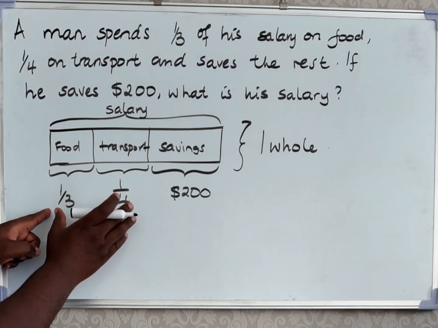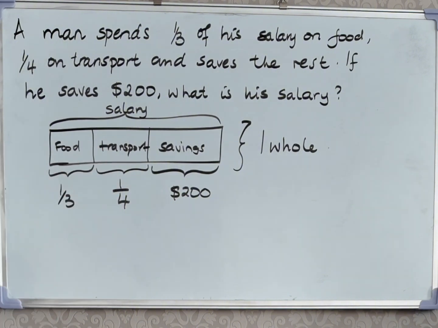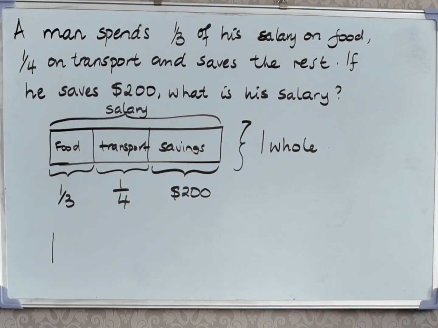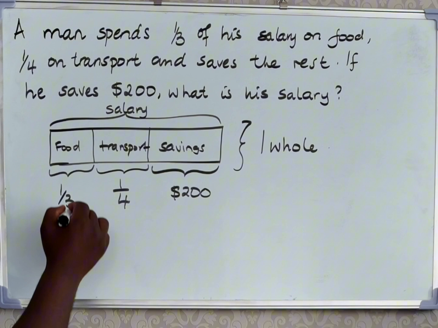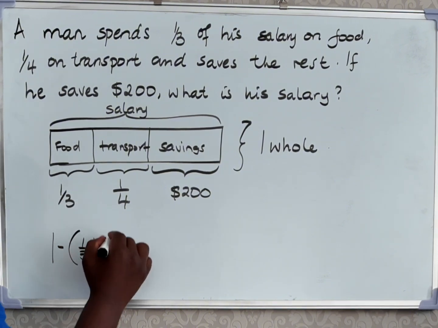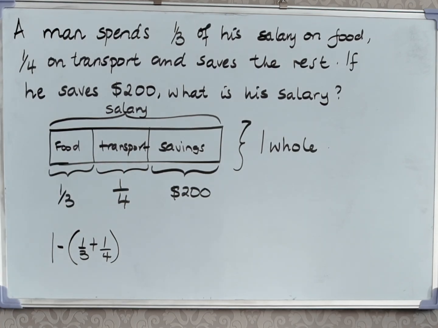We want to see what fraction of his salary was spent on food and transport altogether. To get that, we say 1 whole, which is representing his salary, take away 1/3 plus 1/4, which is the fractions for food and transport.